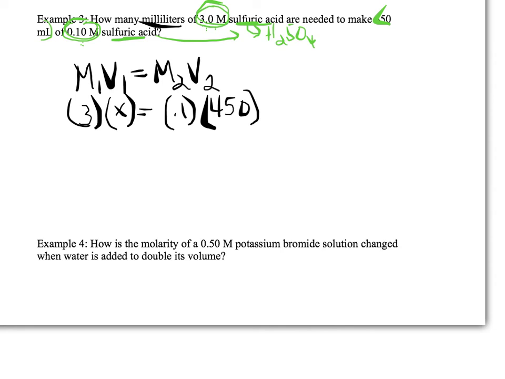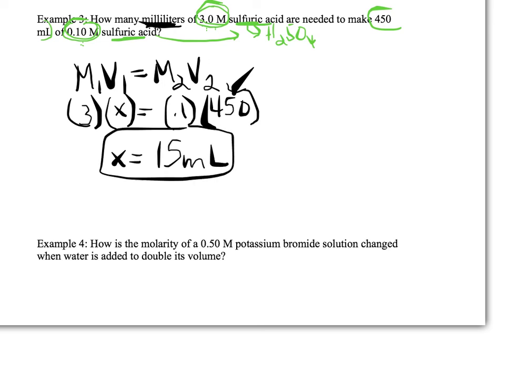You know, molarity is always with liters. Well, since my unknown, my final answer is going to be in milliliters, and this number was given in milliliters, 450, just to look back up there. Okay. I can just leave that as 450 milliliters, and when I solve for x, my final answer will have the same units. So this is just simple algebra. You solve for x, you get a volume of 15 milliliters.